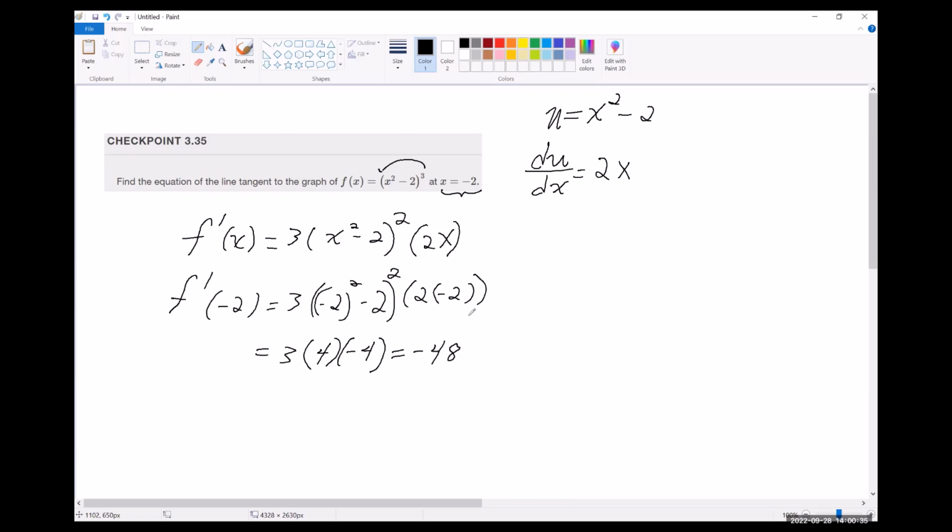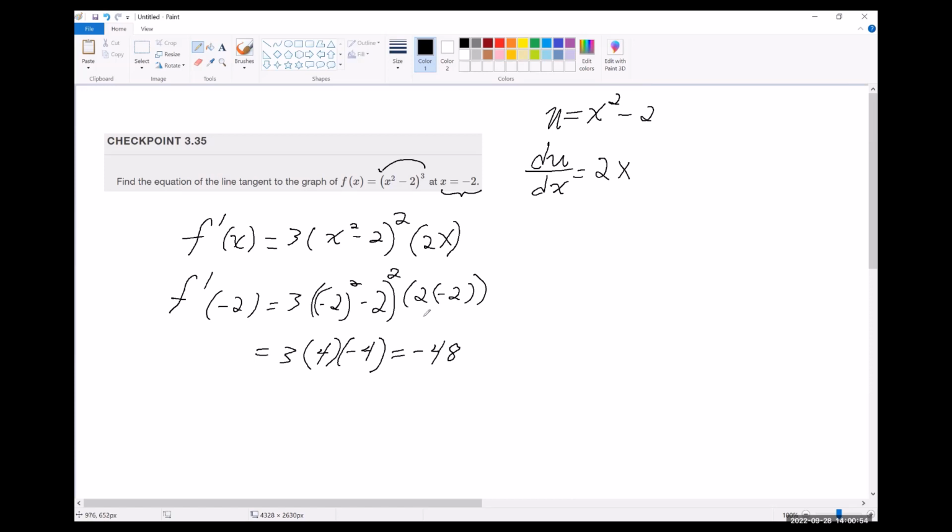Okay, so it's always worth double checking your work. So the 3 was brought down, that was made a 2. You left the inside alone, then you take the derivative of the inside, which is 2x. Then we plug in a -2 because that's where we're evaluating the slope.